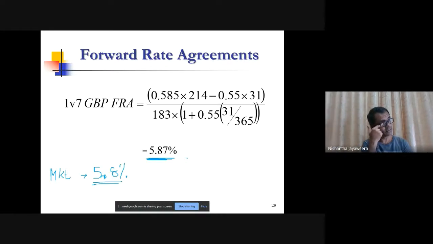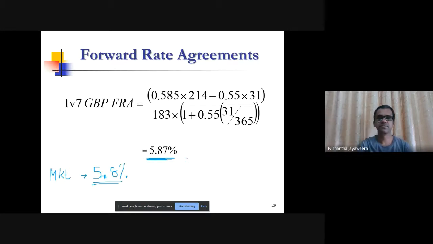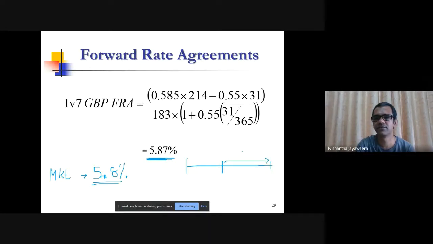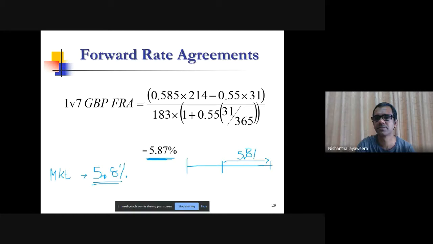You buy a FRA, which means you have agreed to pay 5.8. What you have agreed by buying a FRA: now you agree to pay 5.8 here. Then what do you do?